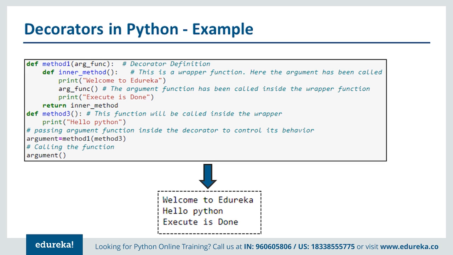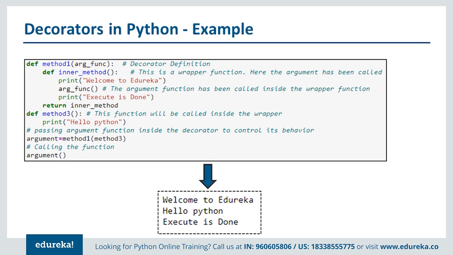So between welcome to Edureka and execute is done, we run a function which is passed as an argument. So you can see that method1 is given an argument called function. You can not only give keywords, strings, integers or actual values, you can also pass functions here.